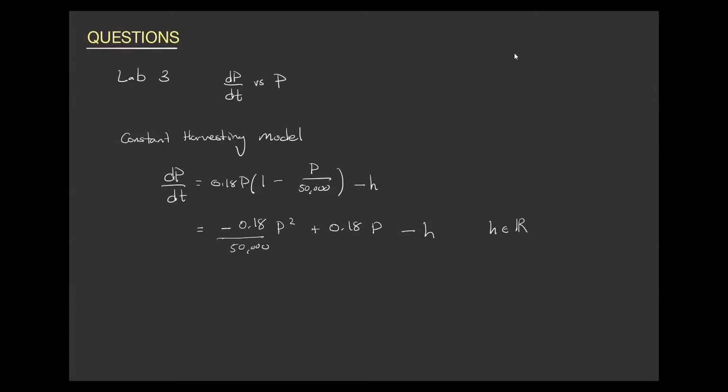Now, if we look at this in terms of graphing, suppose for a second I switch, and in place of dp dt, I write y, and in place of p, I'll write x. Then what you get is a polynomial that maybe you're more familiar with. You don't have to do this switch; it's just to perhaps make it easier to see what's happening.